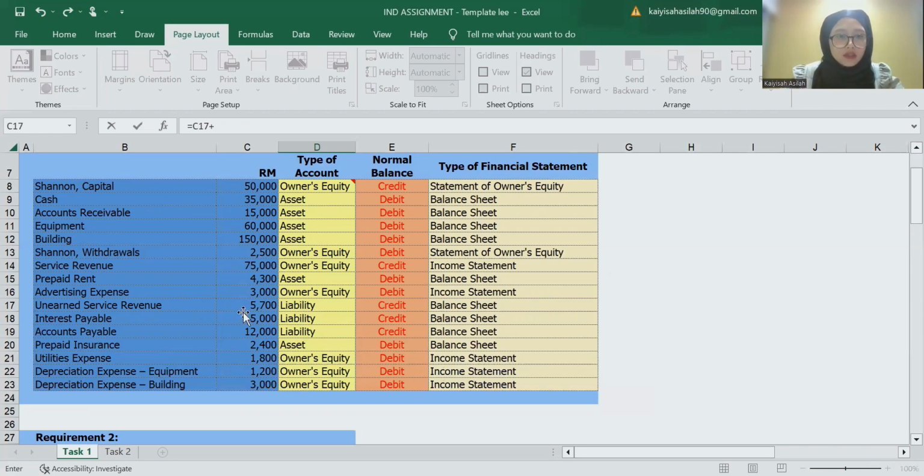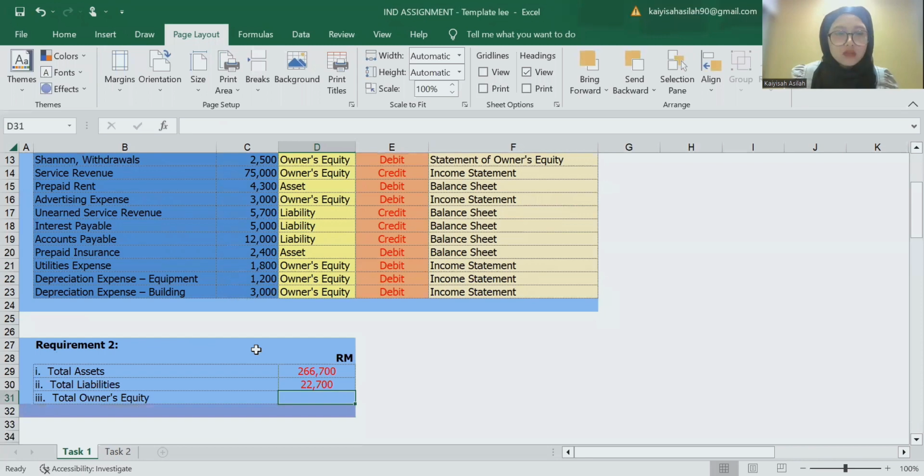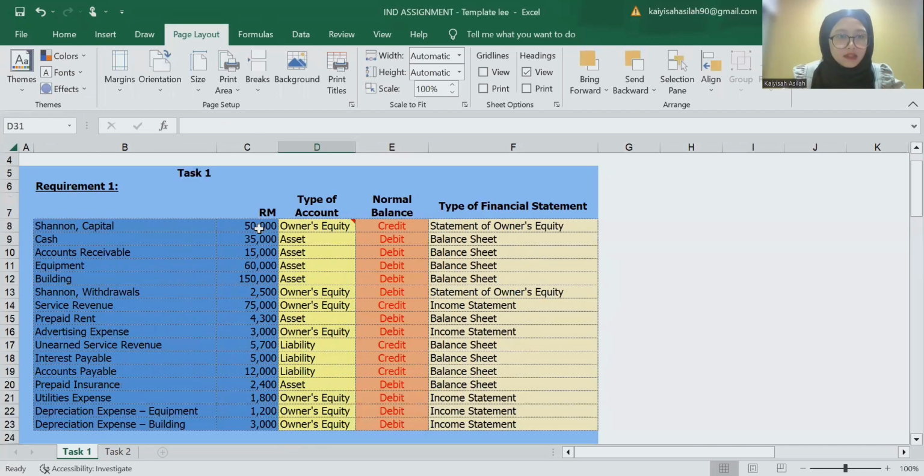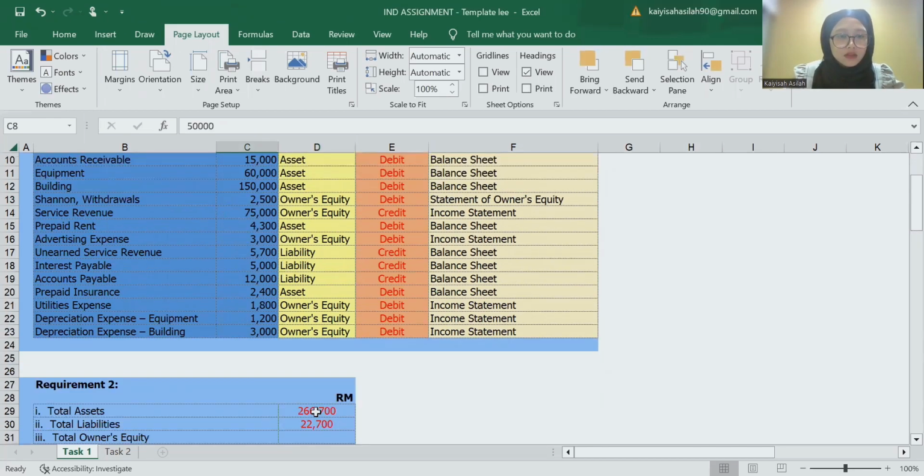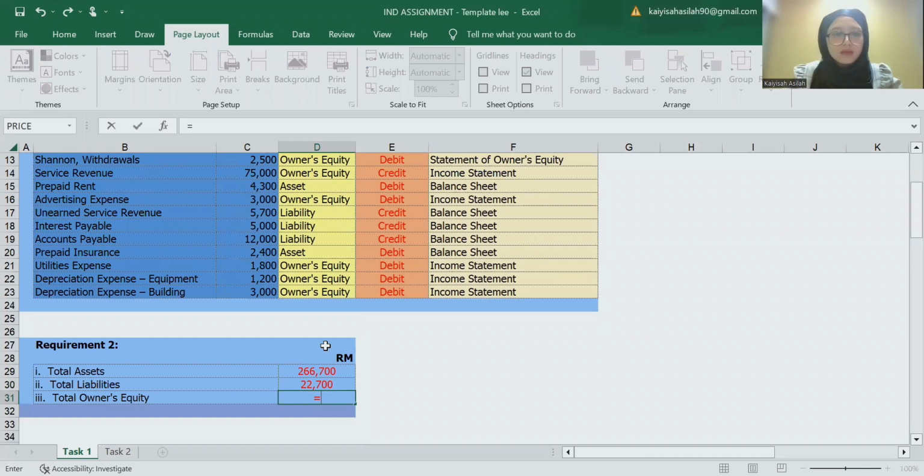Total liability, all of this. Total is 22,700. Sorry. And the total owner equity, go to this and sum.